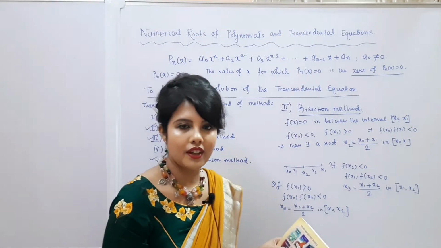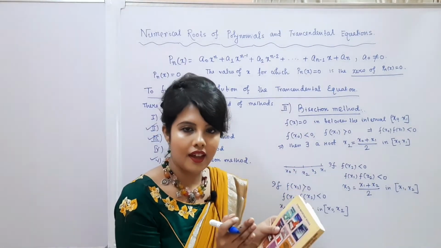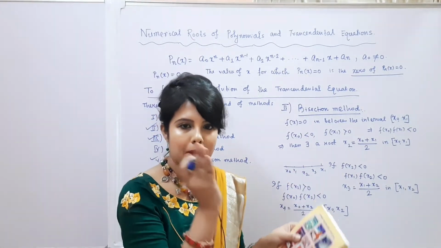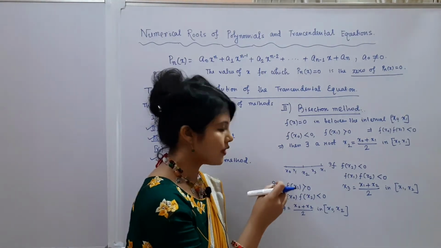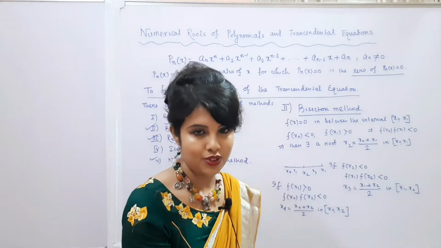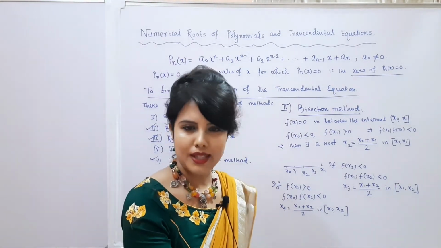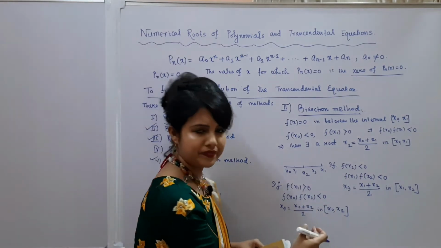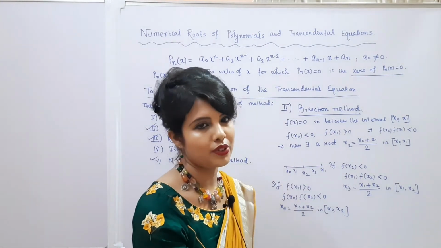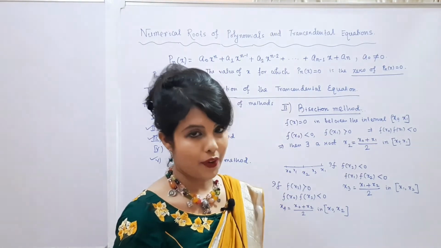So what I am doing here, I am just narrowing the interval by bisecting it again and again, and then it will give you more approximate root after some steps. So you can consider this process up to some steps to get the required approximate root.